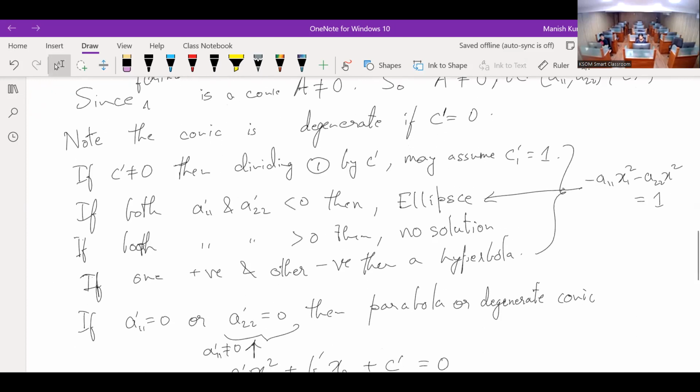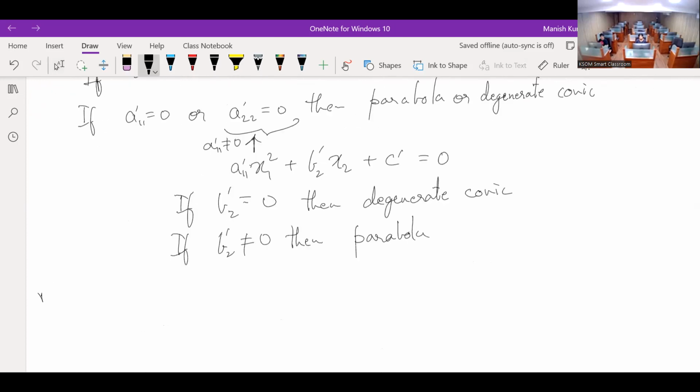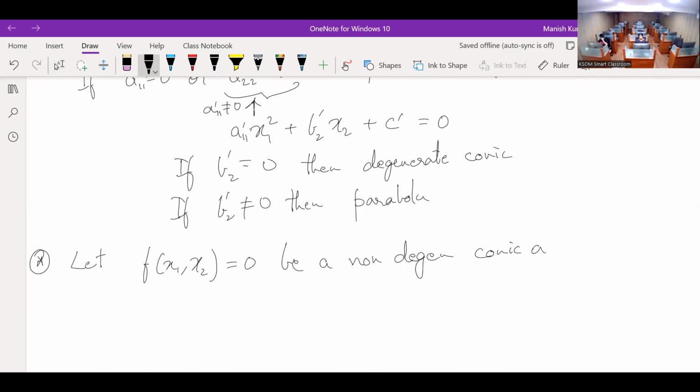So let me jot down this observation. Let f(x1, x2) = 0 be a non-degenerate conic, and let f be given by x transpose A x plus b x plus c.